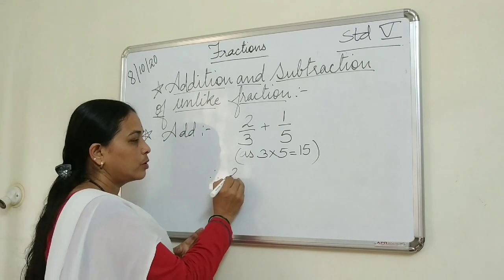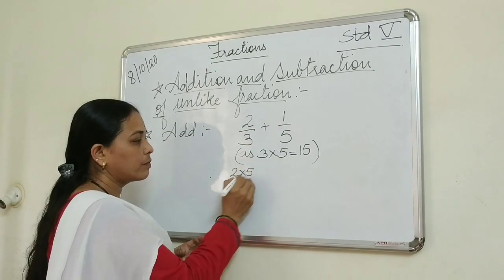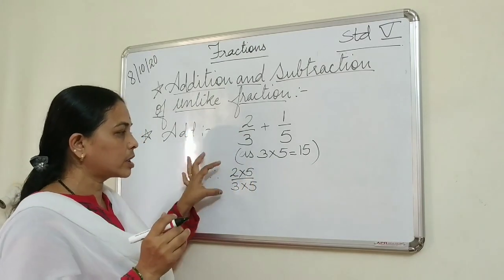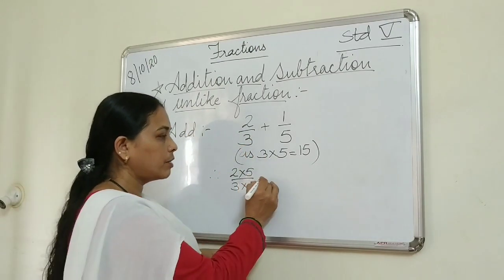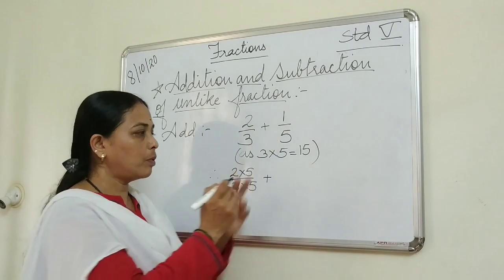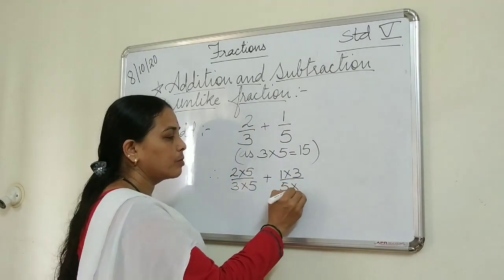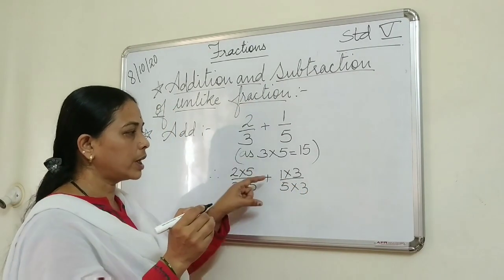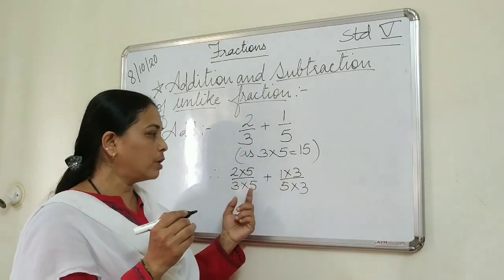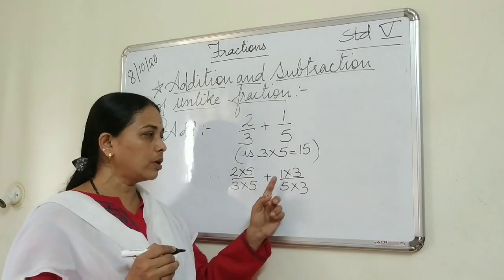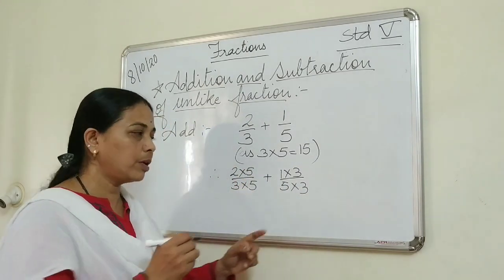Therefore, 2 into 5 upon 3 into 5. We have multiplied this down. Addition sign will come again. 1 upon 5, that is 1 into 3 upon 5 into 3. The same thing, we will take it down and multiply. We will not write the answer beside. This answer you will write down and its answer below it.